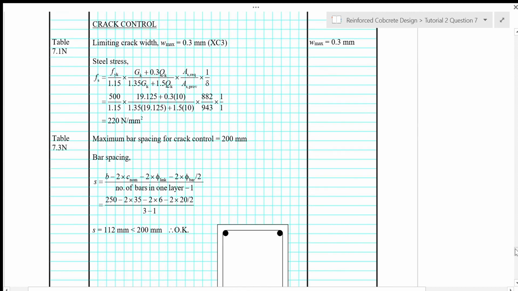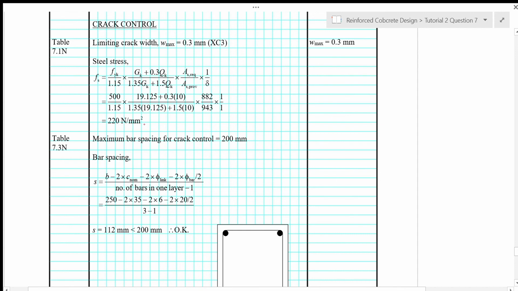For crack control, the limiting crack width is 0.3 mm based on table 7.1N with exposure class XC3. So the steel stress as calculated based on the quasi-permanent load is 220 Newton per square millimeter.